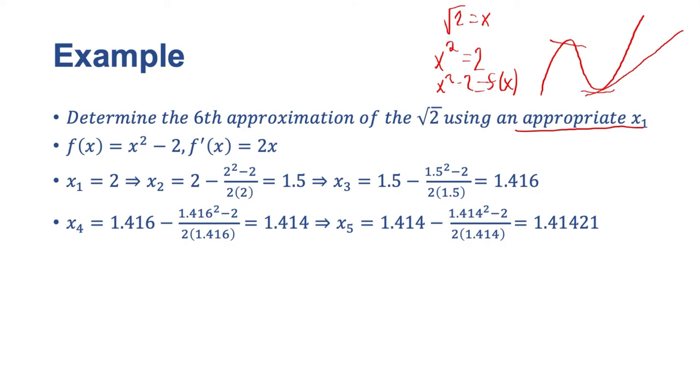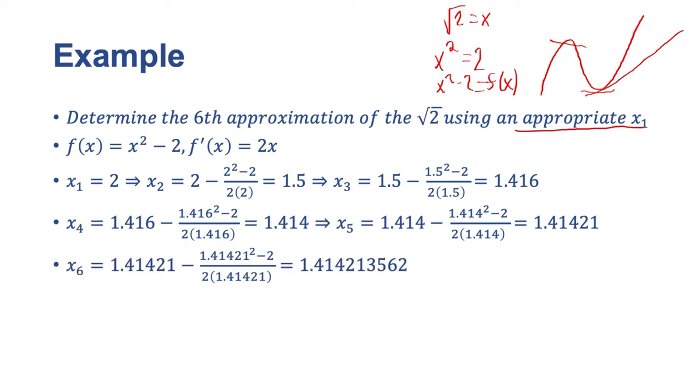All right, so now we're at the home stretch. We're going to take our final approximation here, and this approximation is going to be for x6, our 6th approximation. So x6 is going to be equal to 1.41421 minus (1.41421 squared minus 2) over (2 times 1.41421).